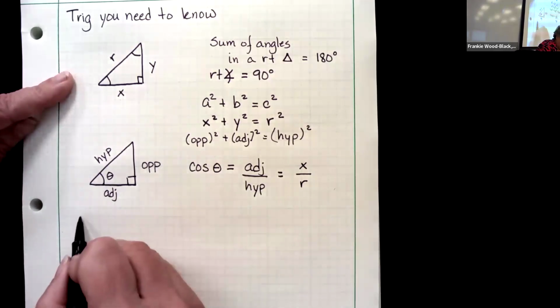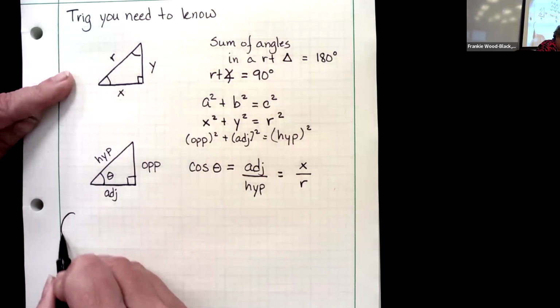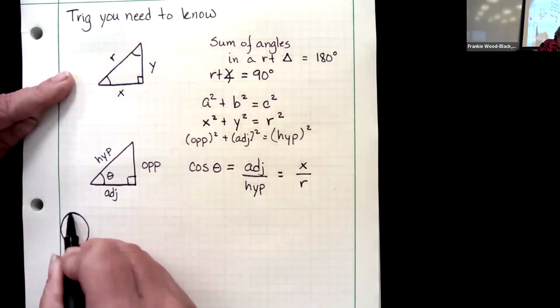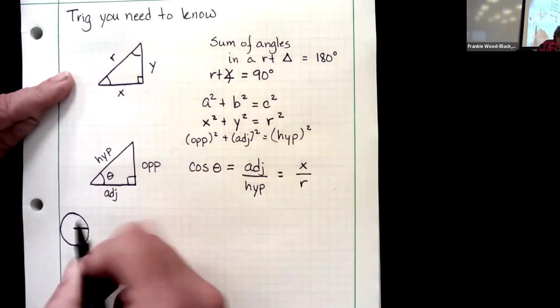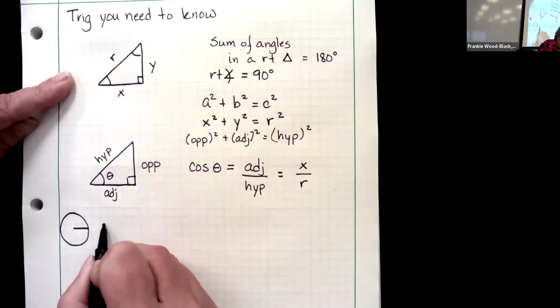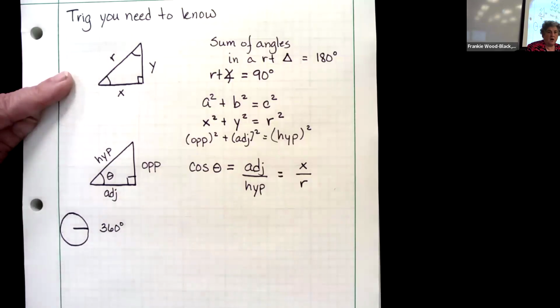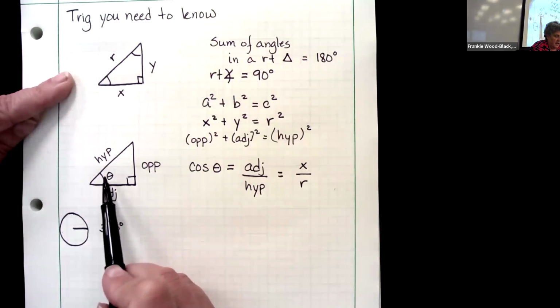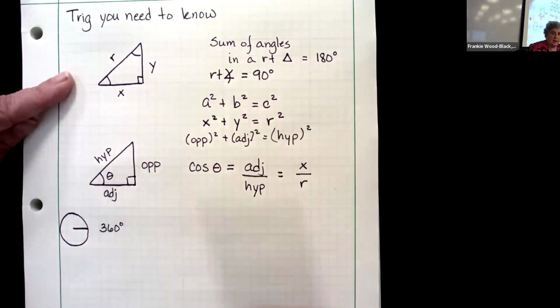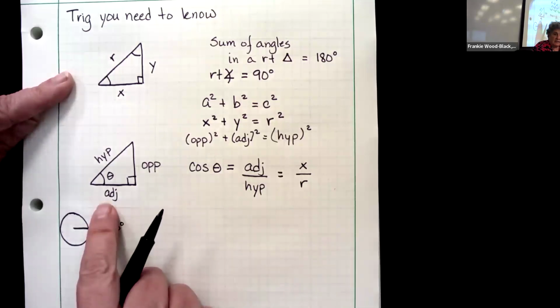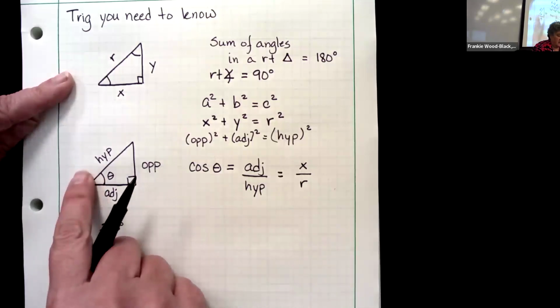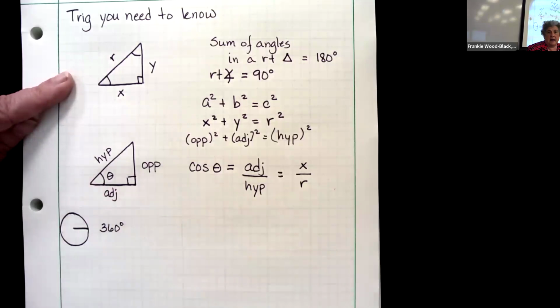A complete circle, mathematically, is equal to 360 degrees, all the way around. So I can look at this angle and get that value. If I know the adjacent side and the hypotenuse, I can calculate that angle.